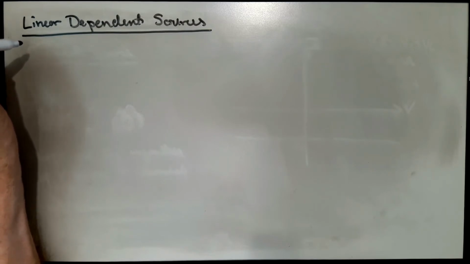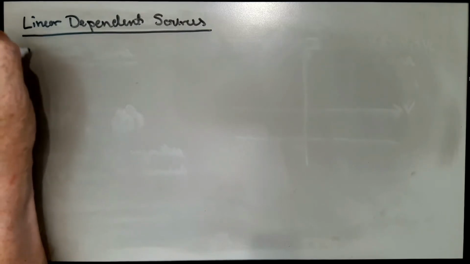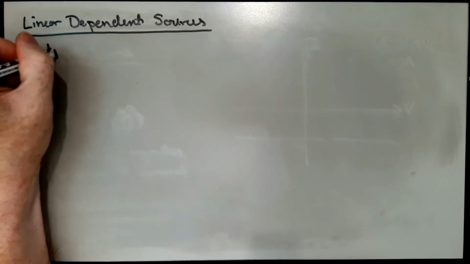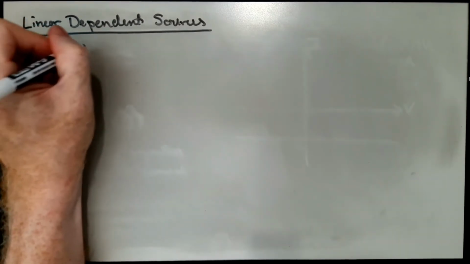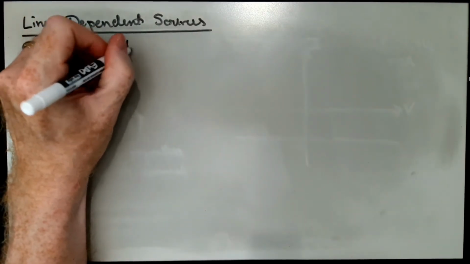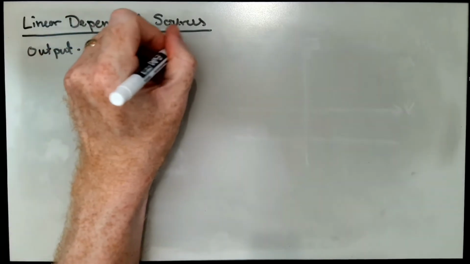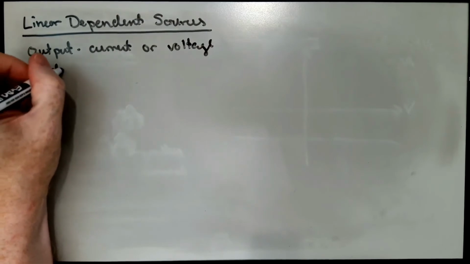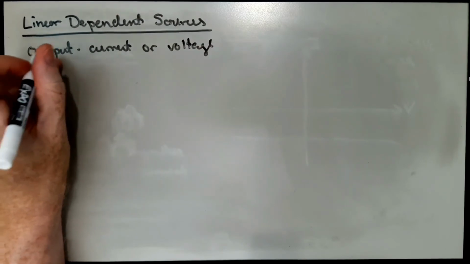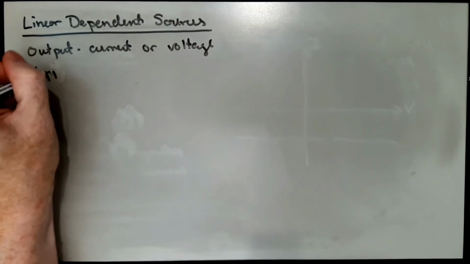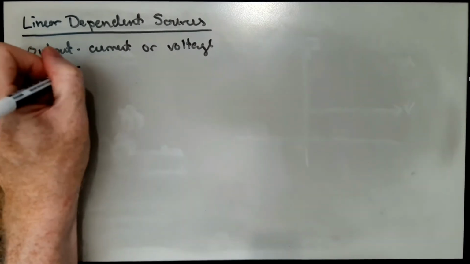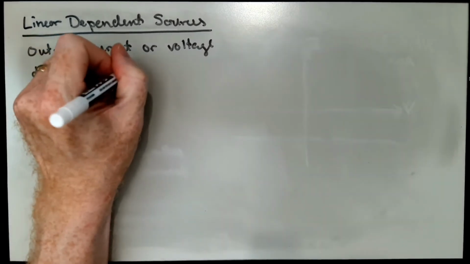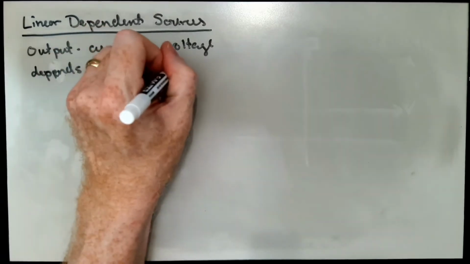Okay, so we have an output variable, which can be current or voltage, and it can depend on a current or voltage.